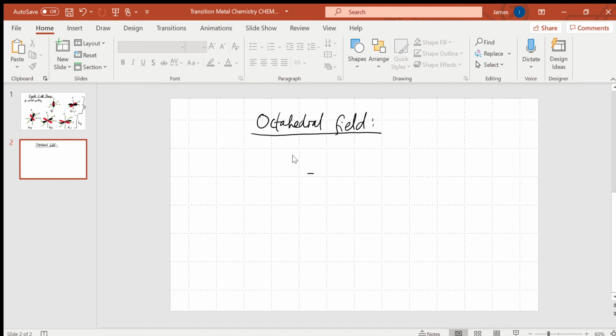So this is when essentially we have what you've just seen in the previous slide. We have an island. Three levels we've called T2G. Two levels we called EG. We've got energy going that way.